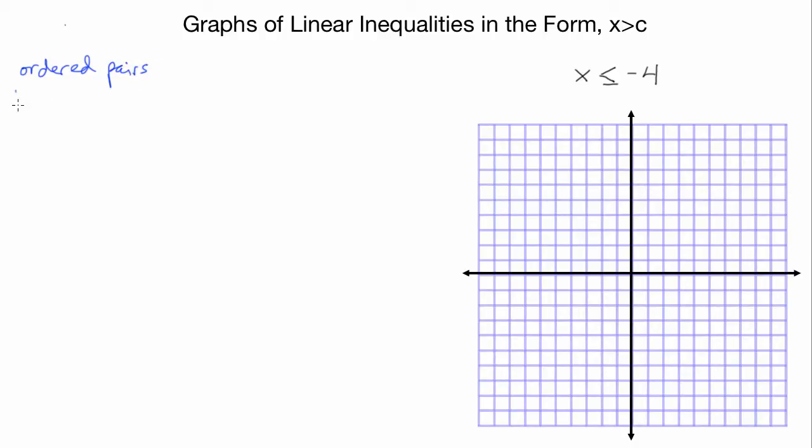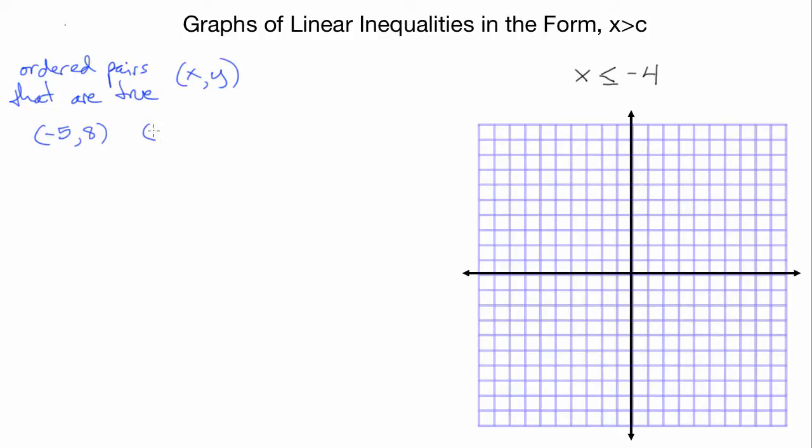Ordered pairs that are true. Again, we're looking for points, x and y, so that x is less than or equal to -4. All right, let's list them out. We have -5, 8. -5 is an x value less than or equal to -4.